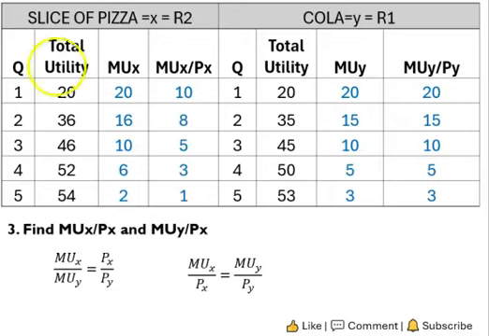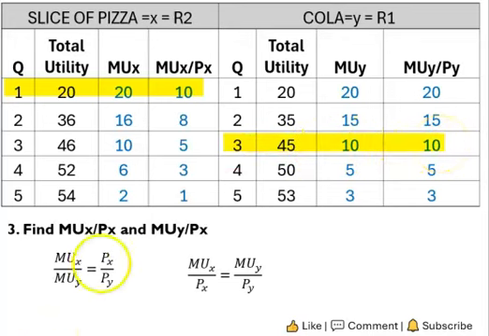So let us see where MUX over PX equals MUY over PY. We can see that at quantity 1, MUX over PX is 10. And when we come to the collar side, MUY over PY is 10 when the boy consumes 3 collars. So at 1 pizza, MUX over PX equals MUY over PY when the quantity of collars is 3.